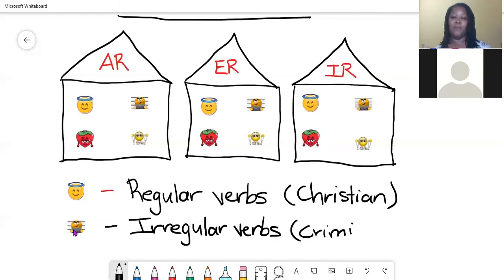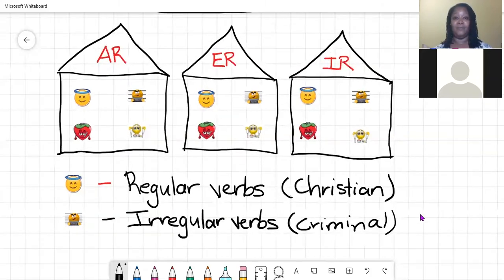So what criminals do is break the law. They break the rules. They don't do what they're supposed to do. If the rule says they're to do A, they do Z. If the rule says they're to do 1, they do 100. And so the criminal verbs or the irregular verbs, they do not abide by the rules at all.